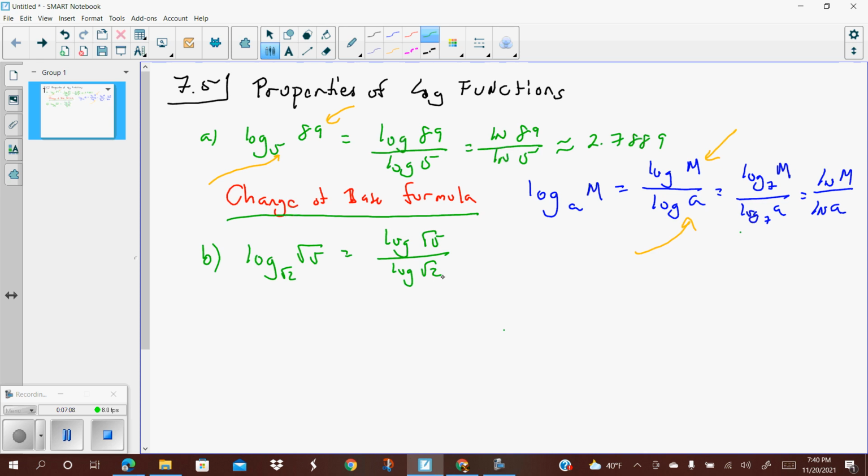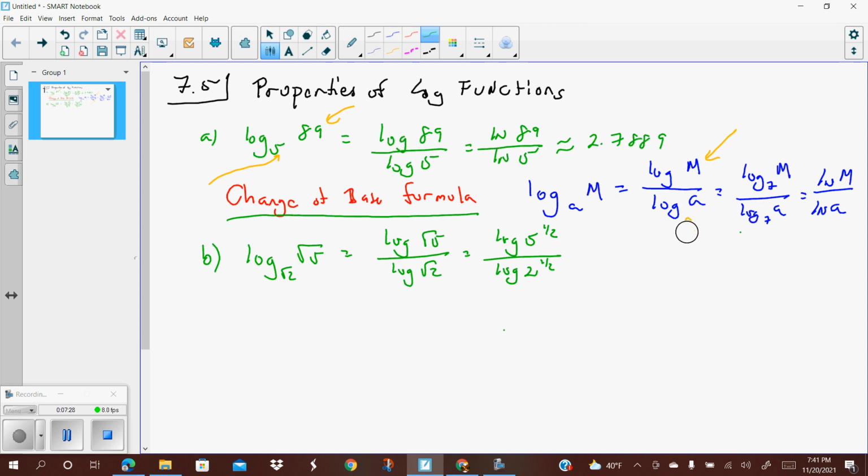Now, we do have to remember that the square root of 5 and square root of 2 are actually exponents of 1/2. So that can be rewritten as the log of 5 to the 1/2 power divided by the log of 2 to the 1/2 power. Because remember that square roots are powers.